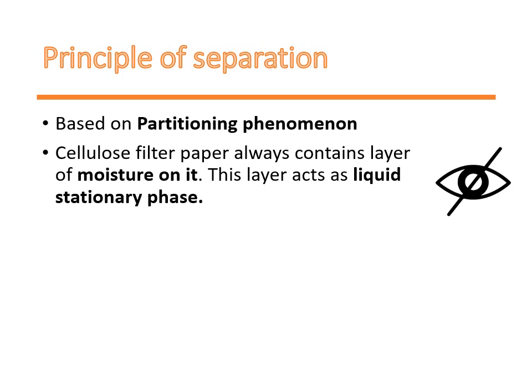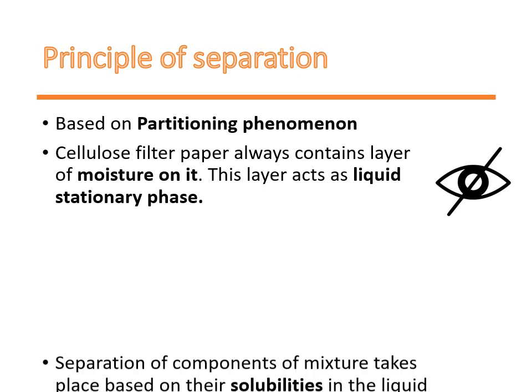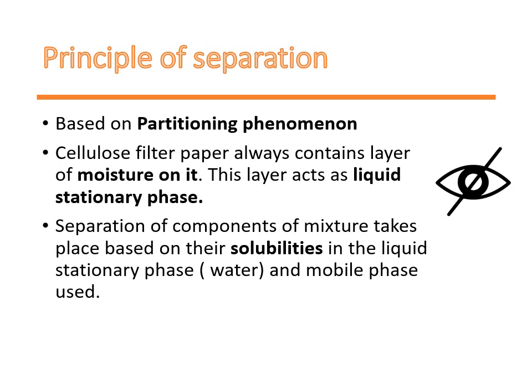This layer might not be seen with the naked eye, however it always exists, and this acts as the liquid stationary phase. The components of the mixture are now separated based on their solubilities in the liquid stationary phase, that is the water layer on the paper, and the mobile phase that is employed in the separation.